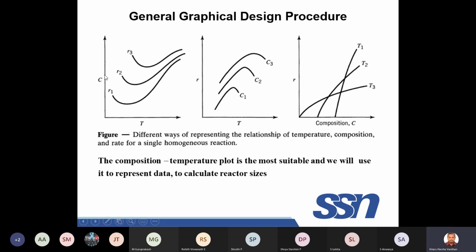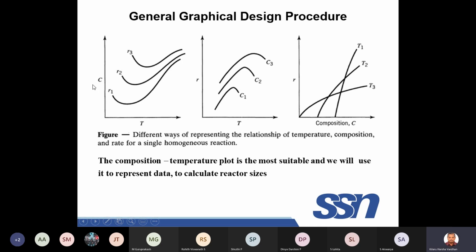In place of C you can put either C or XA, because the concentration CA is CA0 into 1 minus XA, and from that you can calculate XA. Am I right? So C versus T with the R; instead of C we can put XA also. Understand?